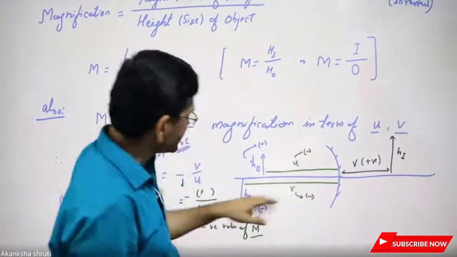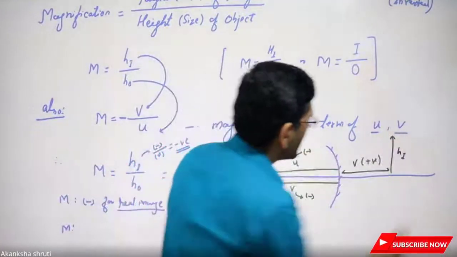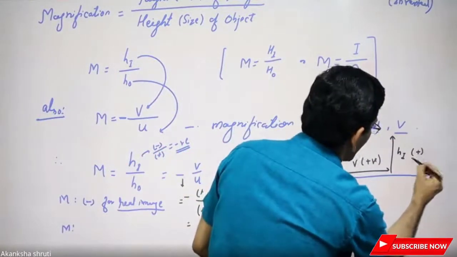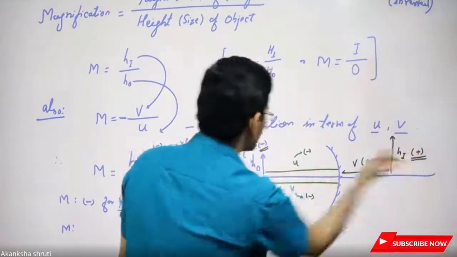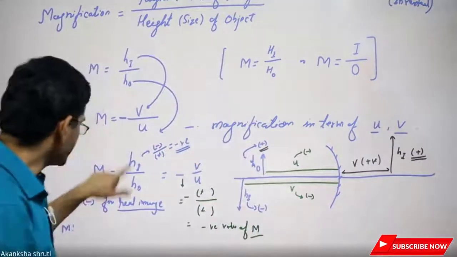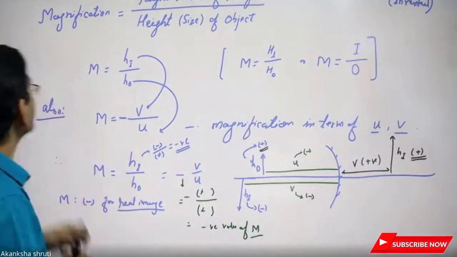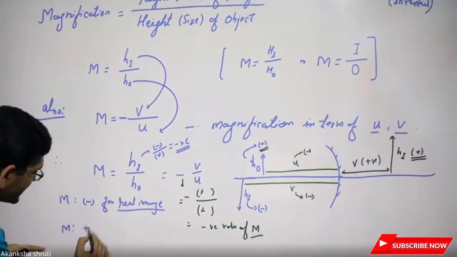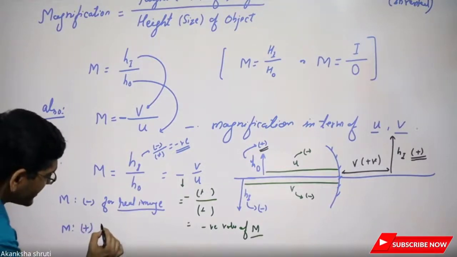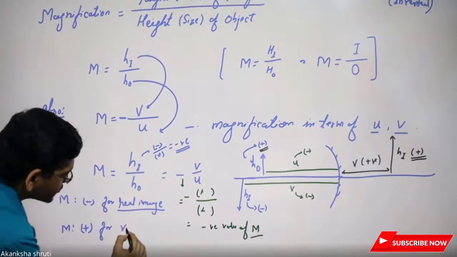Here you get that HI is positive. Also, our HO is positive. So positive by positive, in this ratio, it will be positive. Means what? This magnification comes positive for a virtual image.